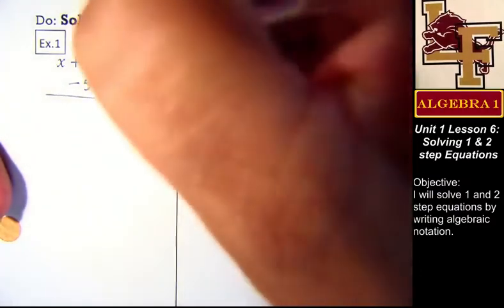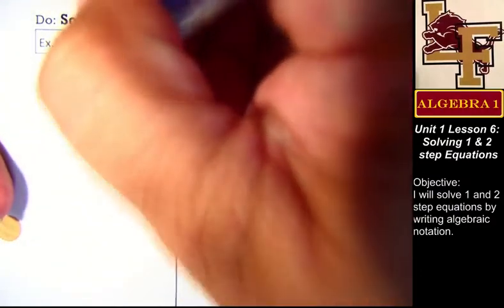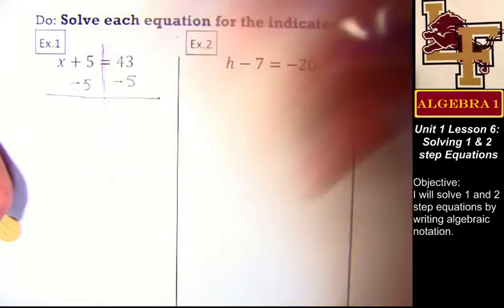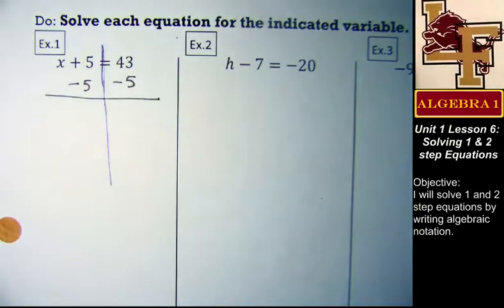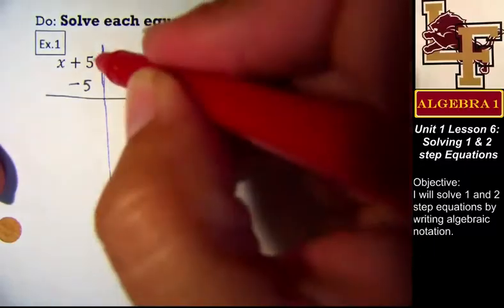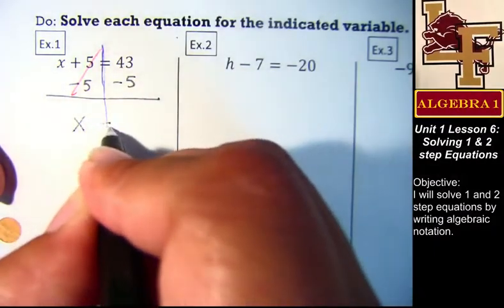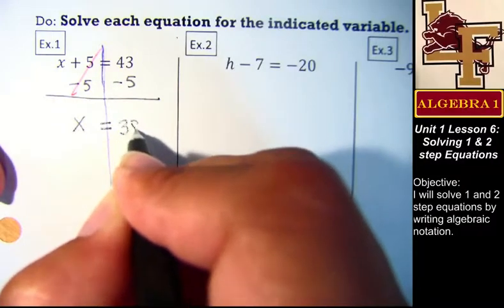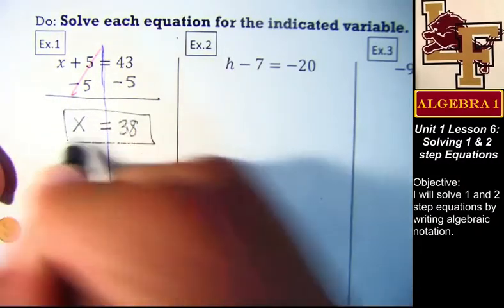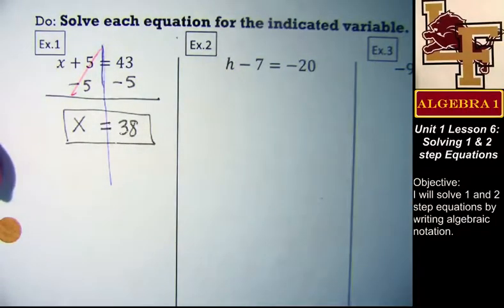You remember when we did the algebra tiles, we had this vertical bar happening right here? You can do that here as well. Drop that vertical bar so you can see each side of the equation. This side, the 5s disappear. They undo each other. And you said it was 38? That's x.